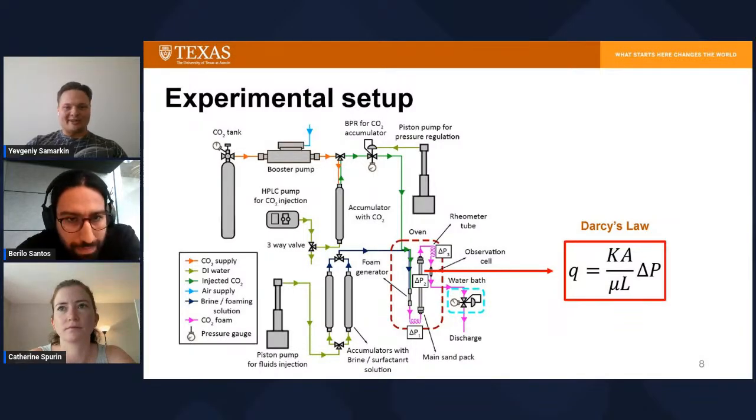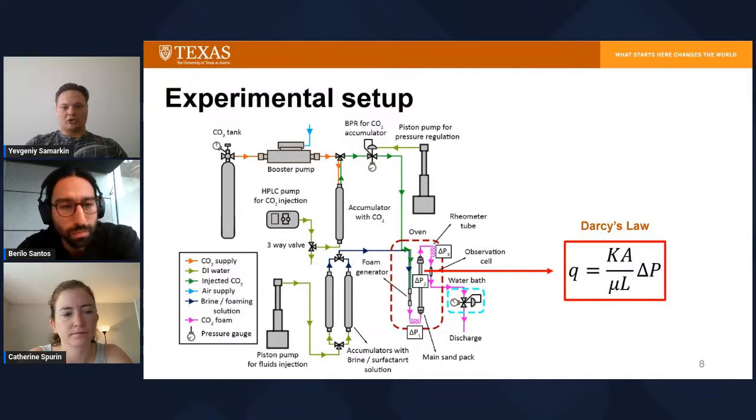I know it looks a bit complicated. However, the essential idea behind this setup is that I can inject simultaneously CO2 gas and surfactant solution and generate the foam. It's important to mention that in my experiments, I was always pre-generating the foam by injecting CO2 and surfactant into a small sandbag that was located before the actual sandbag where I was conducting all the measurements.